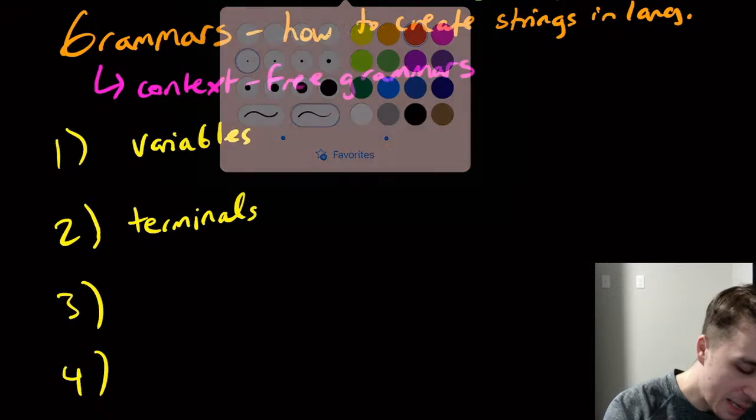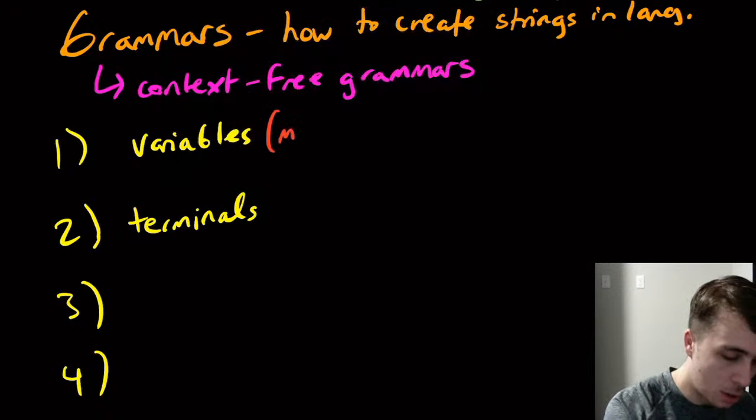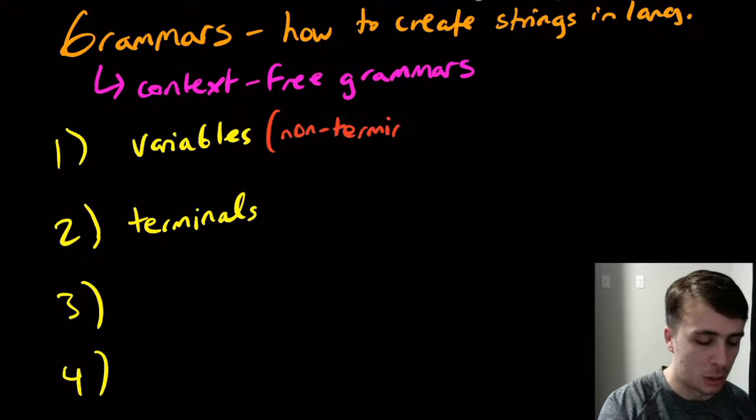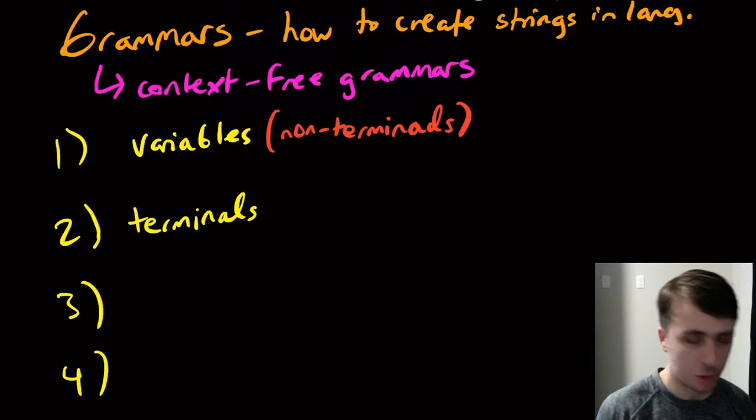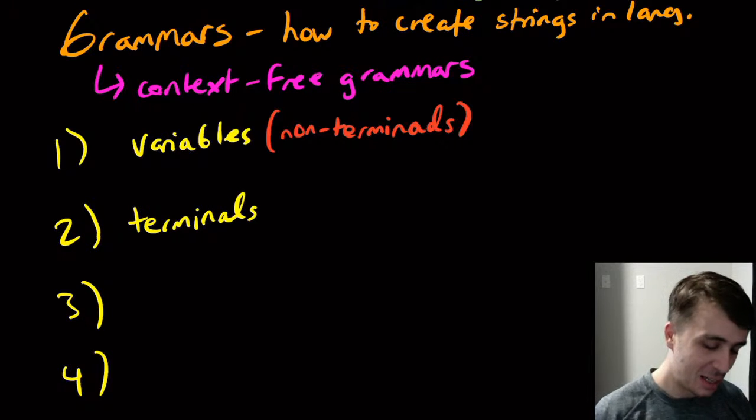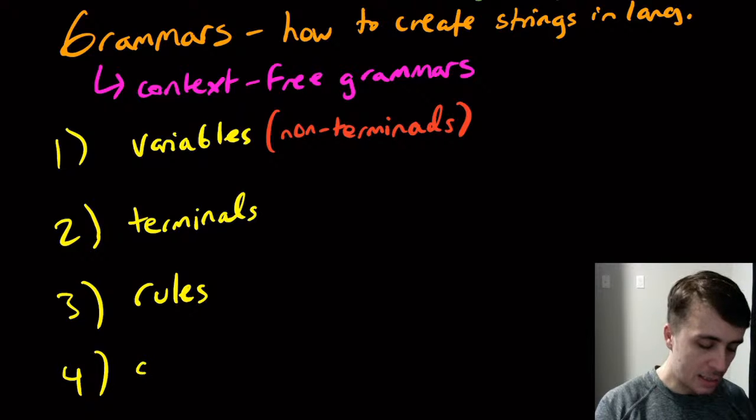Actually, I should say that variables are sometimes called non-terminals. So if your instructor uses non-terminals, that's what this is referring to. I'm used to using the word variable, so that's what I'm going to use. You could call terminals non-variables, but that doesn't really make sense in this context. Then terminals, rules, and a start variable.